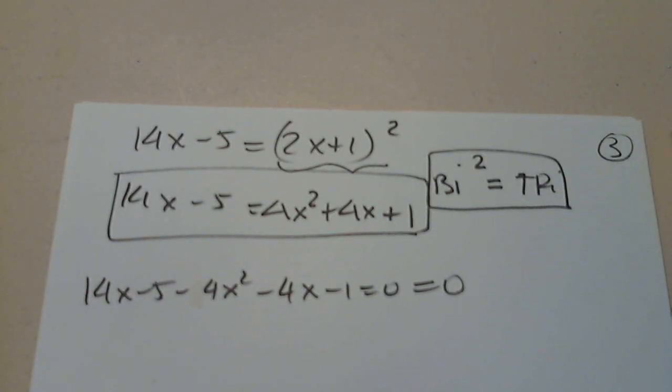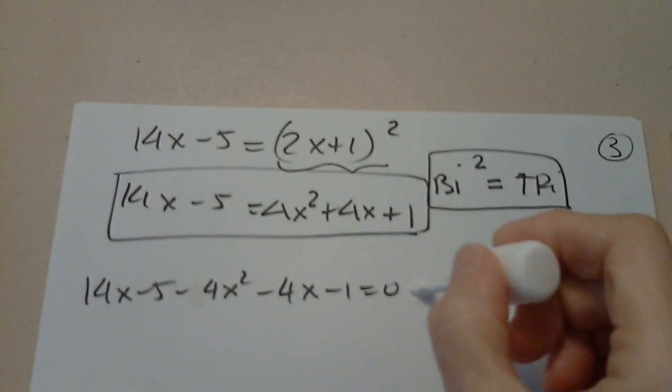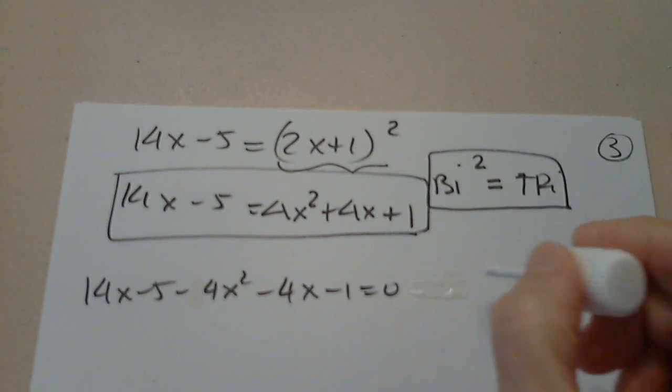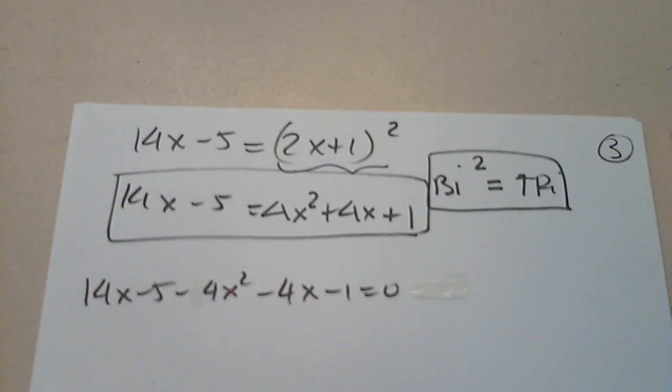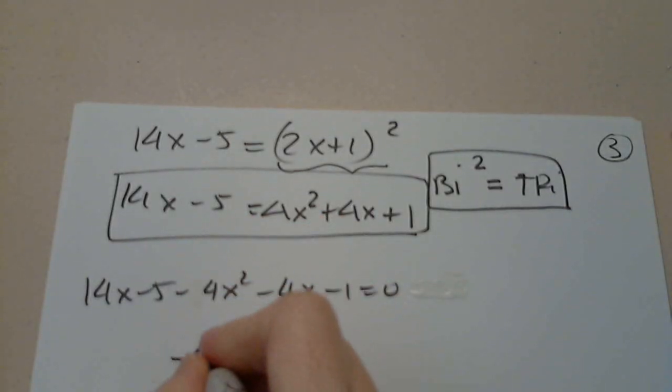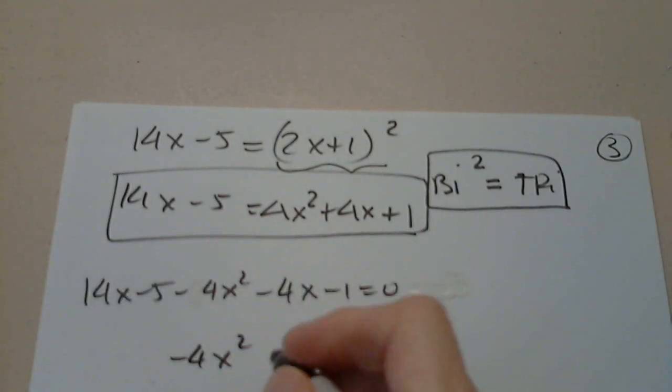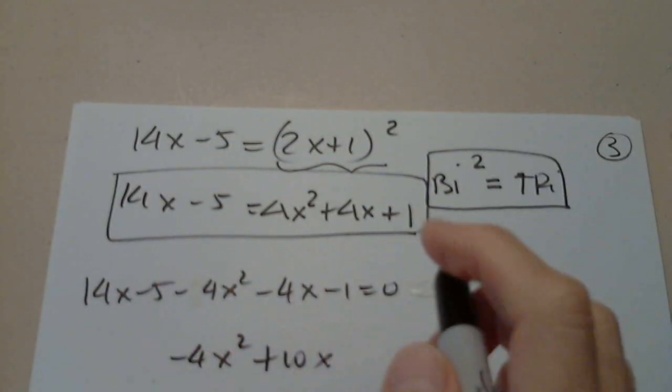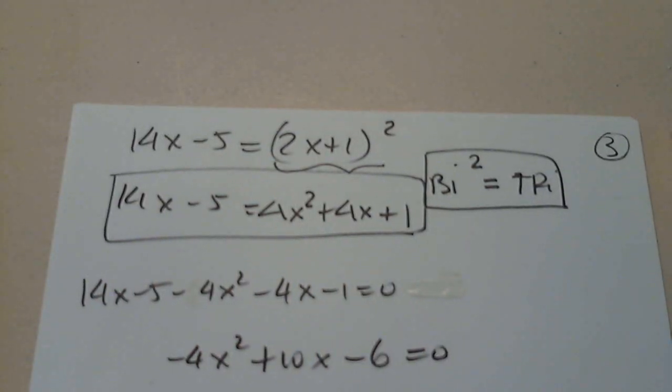Good. At this point, I have to rearrange the polynomial into a trinomial in descending order and then start the factoring strategy. So negative 4x squared plus 10x minus 6 equals 0.